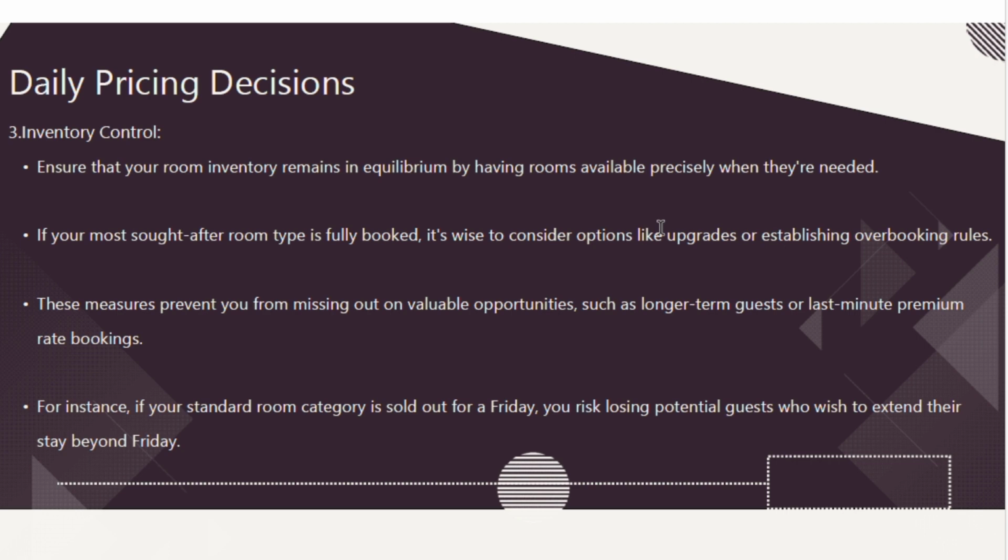You want to yield. So in case you have some rooms left, you might want to close them and start selling the higher room category, and later on you might need those lower room types. In case you see that the pickup trend has slowed down, you can open them.